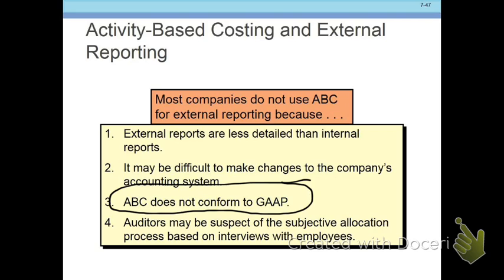So for that reason alone, most companies don't use it for external reporting. Keep in mind, auditors also, if you're sitting around with a stopwatch or what have you, they may trust it. But if you're just interviewing employees to come up with those rates, they may not trust it. But the big reason is it's not GAAP compliant.